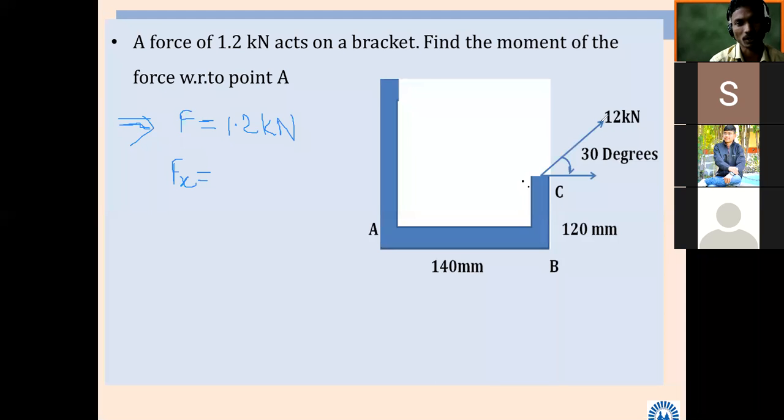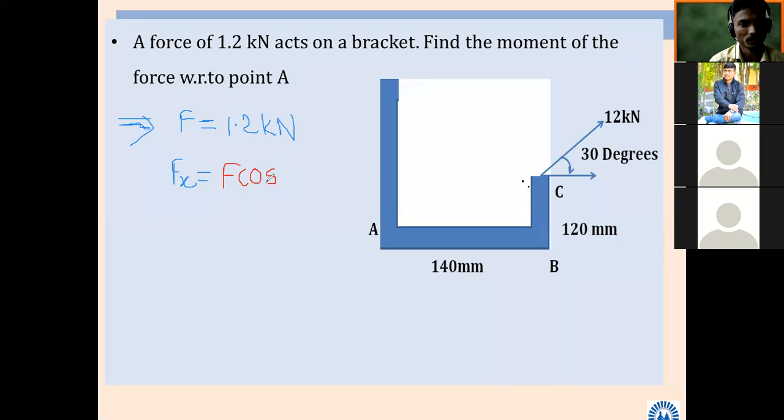For this particular force, the X component means the horizontal component. What will be the formula for its Fx component? F cos theta. What will be the value of theta in this case? 30 degrees.